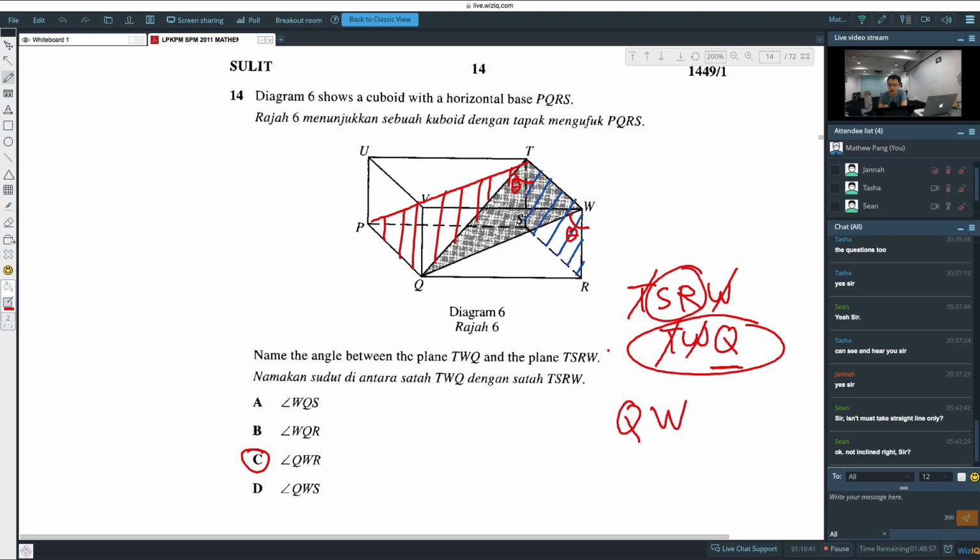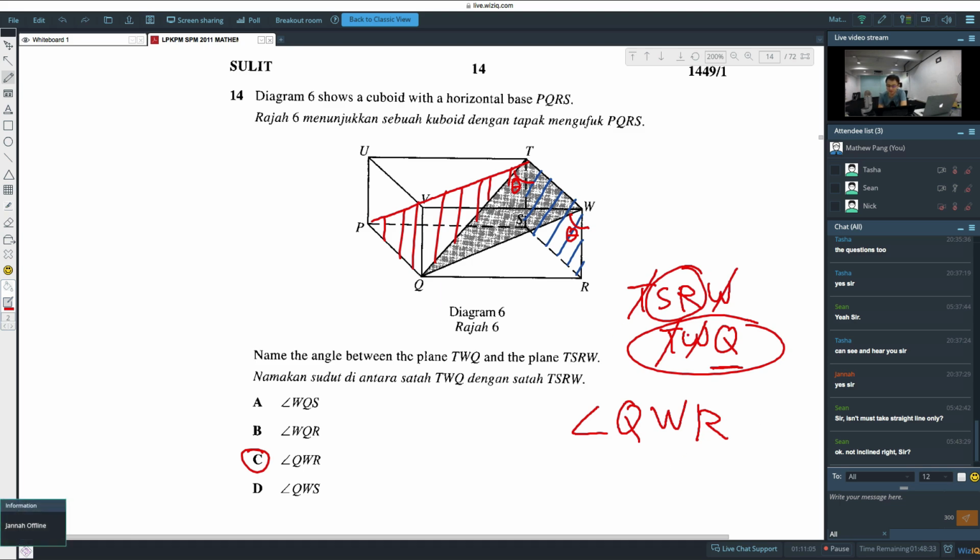And then from these two letters you haven't slashed, which one is nearer to Q? S or R? Definitely R is nearer to Q, compared to S, because QS is the diagonal, so definitely longer. So the angle is QWR. This is one of the methods you can use if you couldn't see.